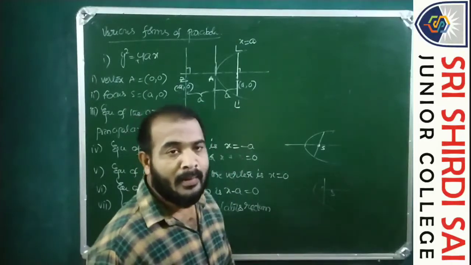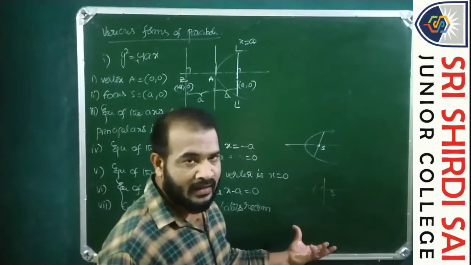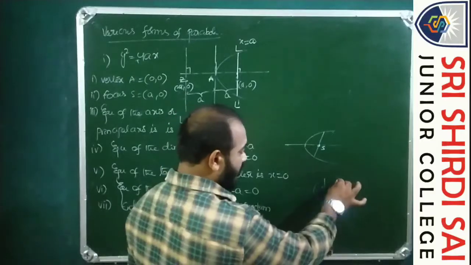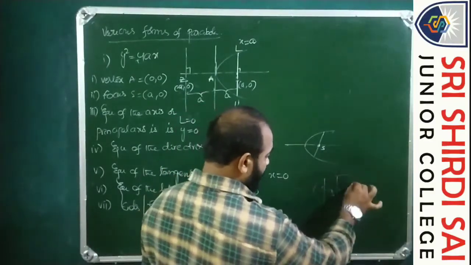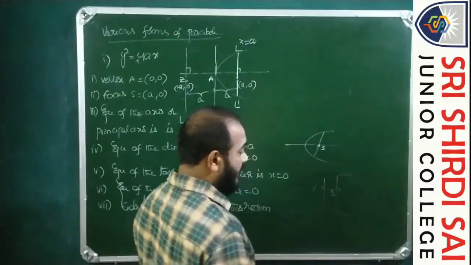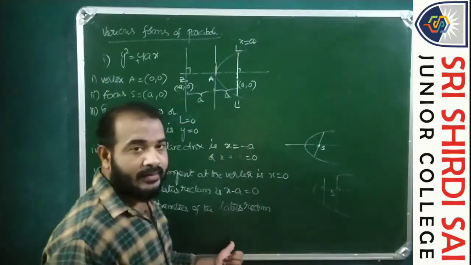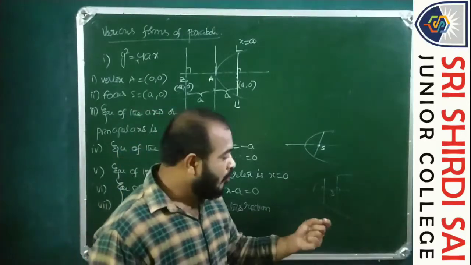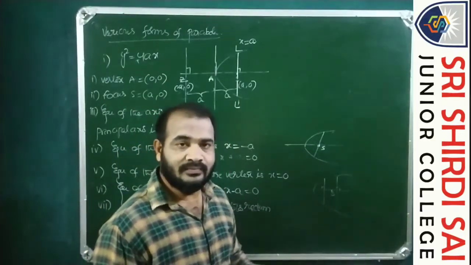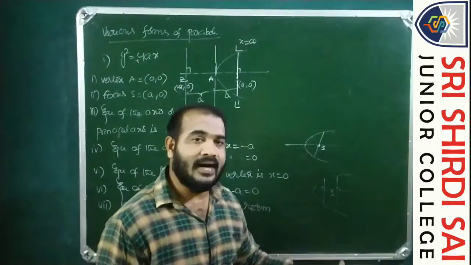There may be infinitely many double ordinates possible. This is also a double ordinate. And what is meant by latus rectum now? A latus rectum is a double ordinate passing through the focus.